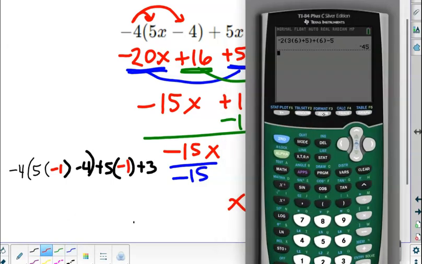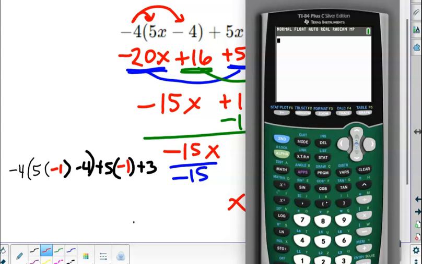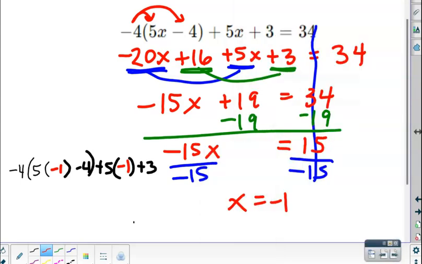Now I pick up my calculator and I compute. -4 parentheses 5 parentheses -1 close parentheses subtraction 4 close parentheses plus 5 parentheses -1 plus 3. 34. That's a check.